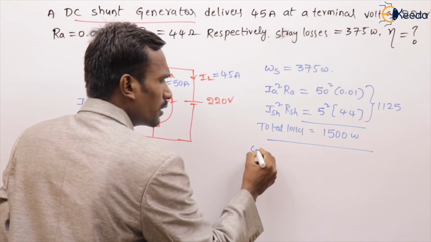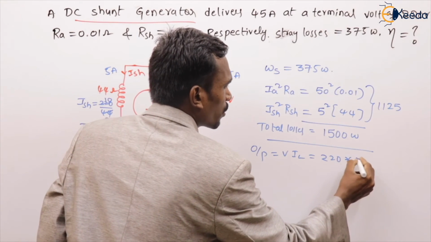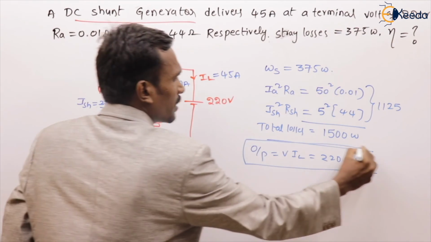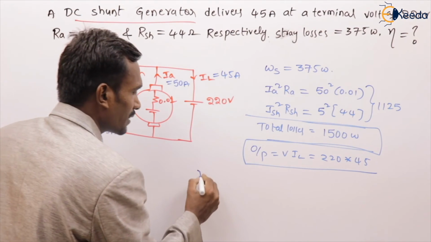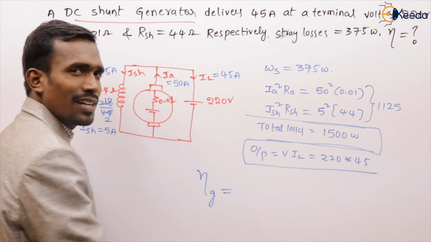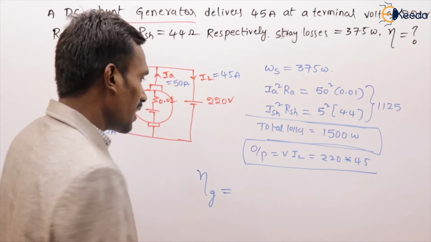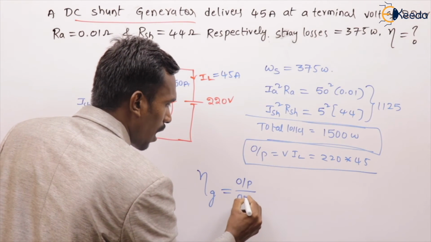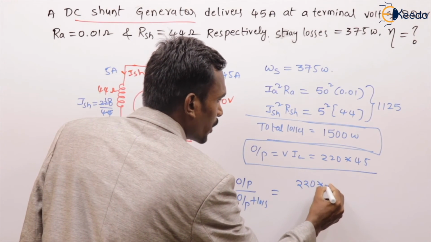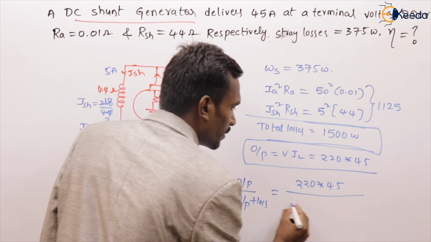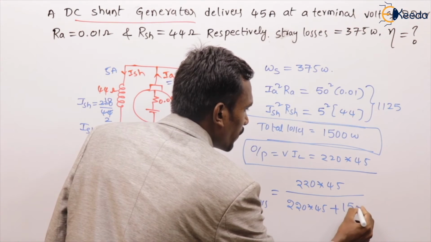What is the output? The output is equal to V into IL, that is 220 into 45. This is the output and these are the losses. Tell me, what is the efficiency of my generator? Generator efficiency is equal to output by output plus losses, that is 220 into 45 divided by 220 into 45 plus 1500.